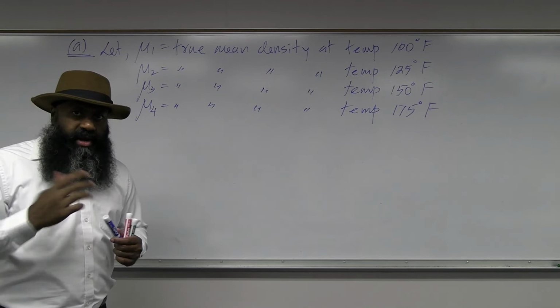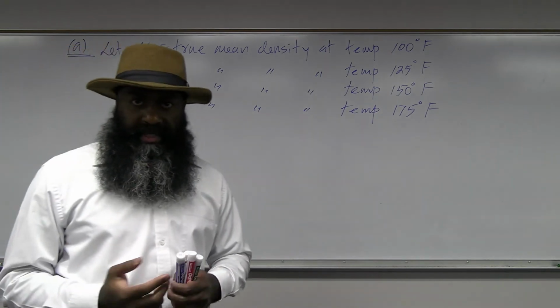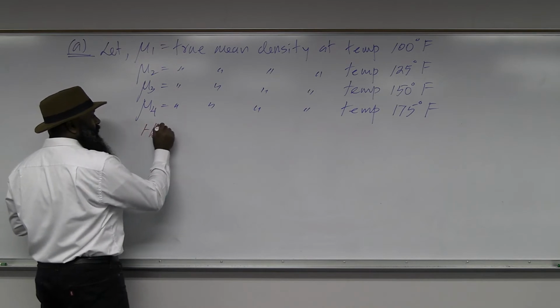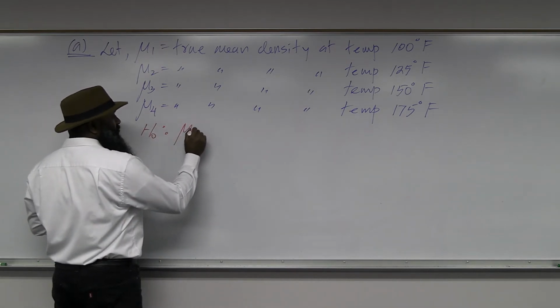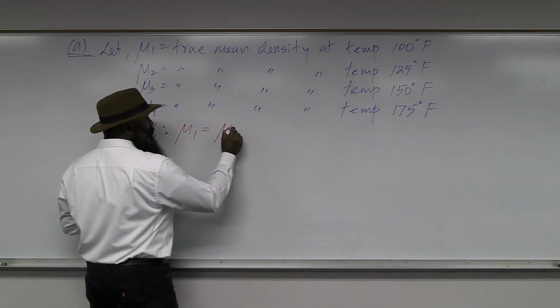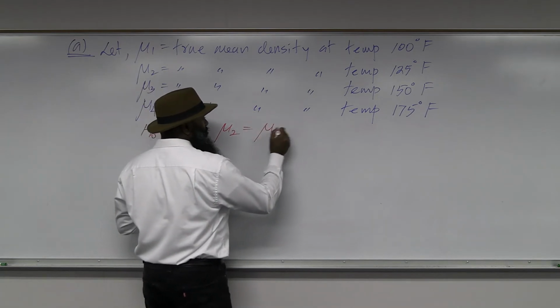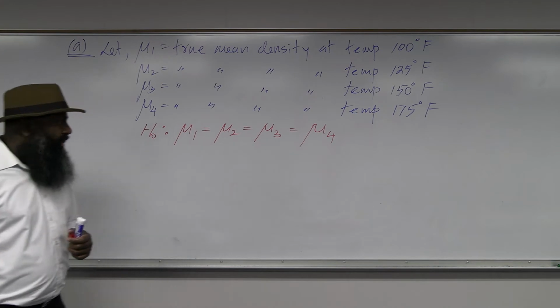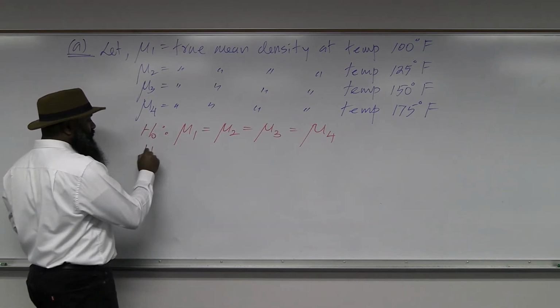Then we must write down the null and the alternative hypothesis. So the null hypothesis should be written this way. There are 4 means, so I will write mu1 equals mu2 equals mu3 equals mu4. The alternative hypothesis is written in words.